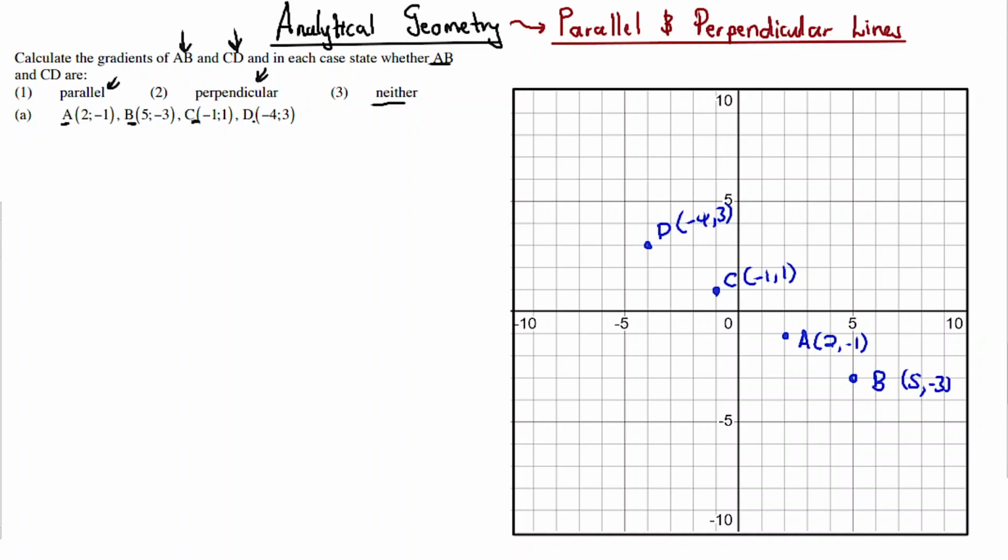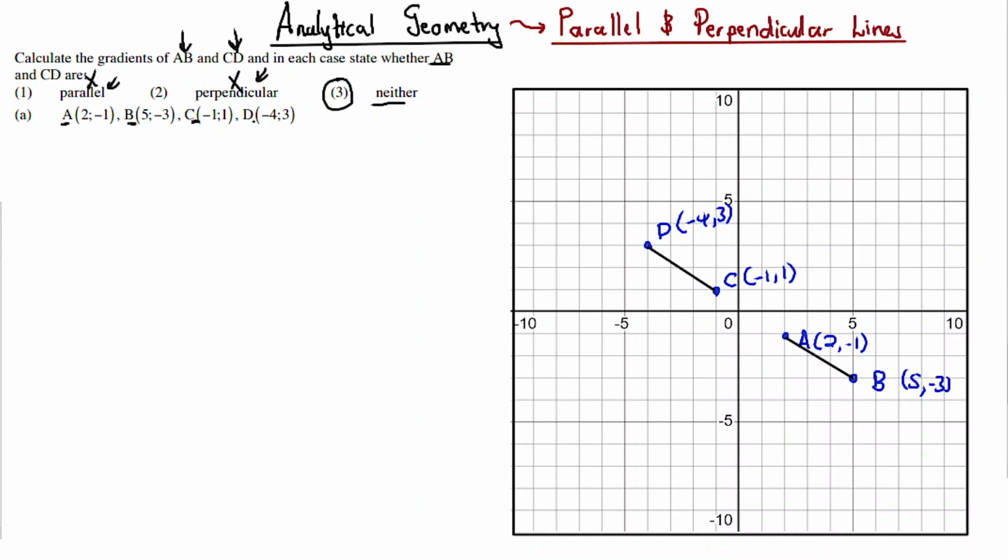So they've asked us to calculate the gradient for AB and the gradient for CD. I think you can tell from the sketch that they are not perpendicular, nor are they parallel. So the answer should be neither here.